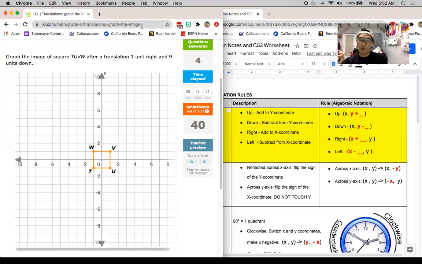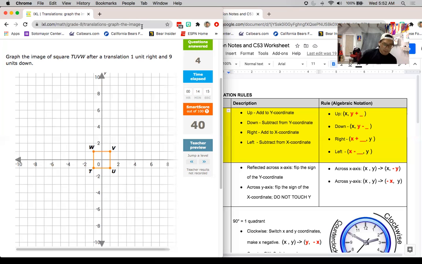And you can see how, when you go up on XUS and you have multiple points that you have to translate, how important being able to add and subtract directly from the coordinates is versus counting the blocks. So you want to be able to move to that more efficient strategy.